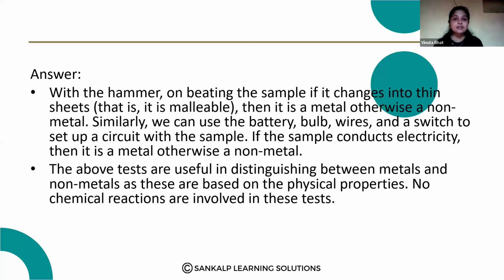Otherwise, it is a non-metal. Similarly, we can use the battery, bulb, wires and a switch to set up a circuit with the sample. If the sample conducts electricity, then it is a metal, otherwise a non-metal. The above tests are useful in distinguishing between metals and non-metals as these are based on physical properties. No chemical reactions are involved in these tests. Please note down the answer.